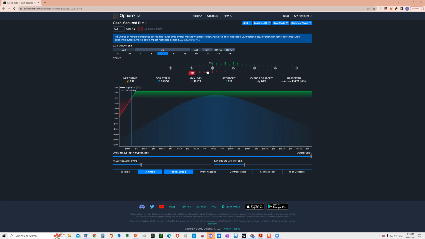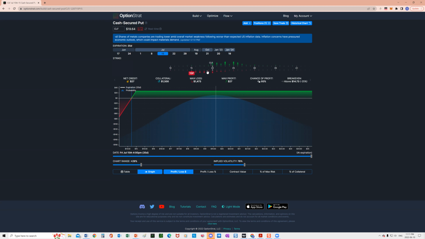But overall, it's not a very efficient way of using your capital, right? Because you could take that $27 and if you're good, you can turn that into 10x, 15x, 20x. We've seen it happen. But if you want to buy the stock and you want to hold the stock, selling a cash secured put is the way to go.